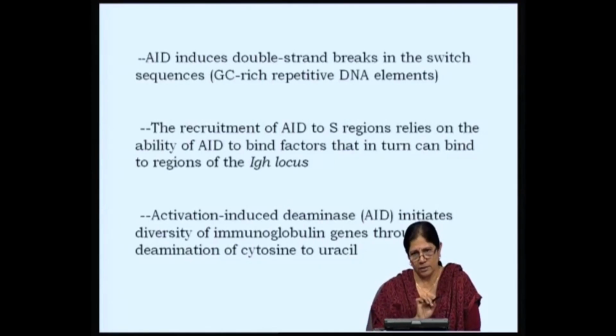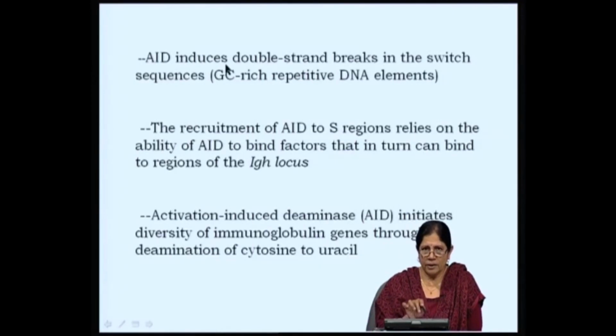There are no RSS in the switch regions, but AID recognizes certain motifs in these GC rich repetitive DNA elements that form the switch region and induces double strand breaks.